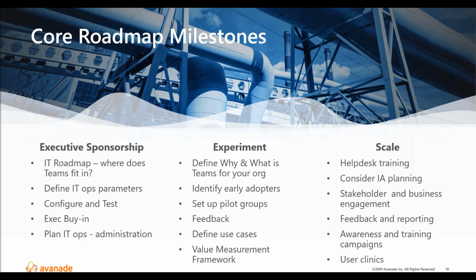Microsoft has its own version of this, and I'm going to say that there is a really, really awesome flip chart, which you can find in some of the Teams online resources from Microsoft. It's this really gorgeous Adobe kind of animated flip book that provides you with a lot of adoption material, and they have their own roadmap and milestones for rollout of Teams.